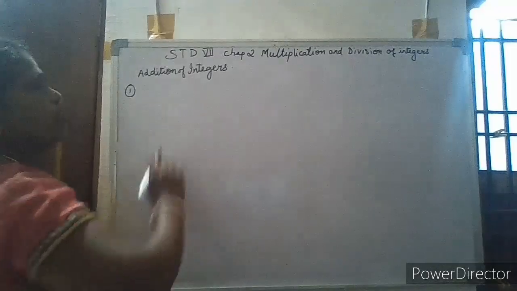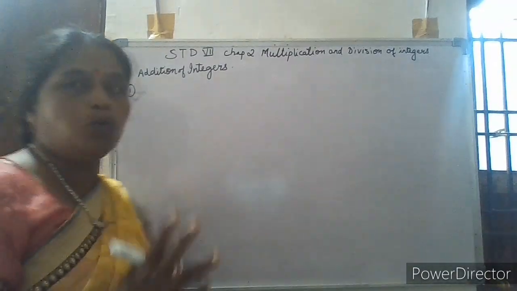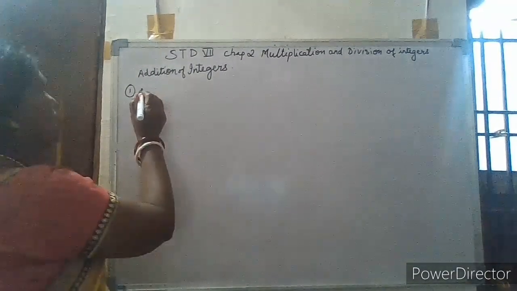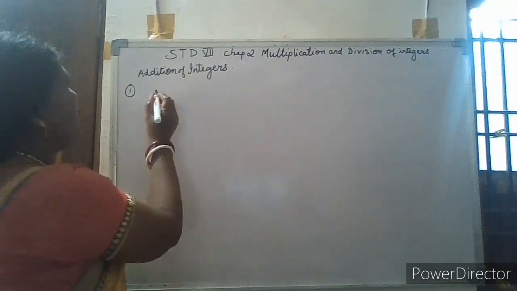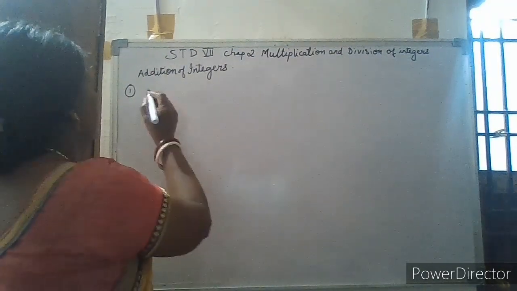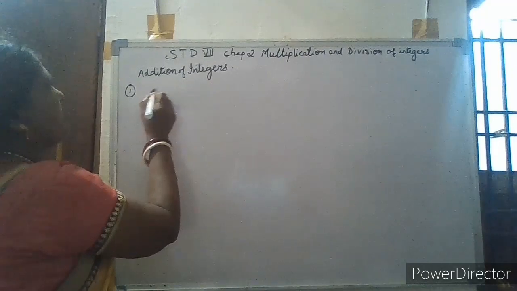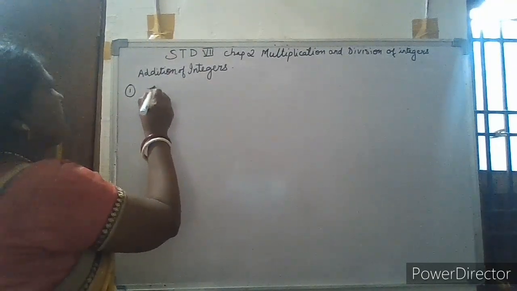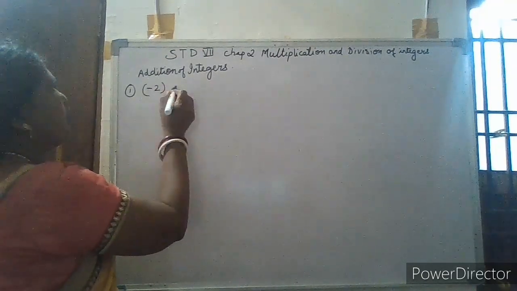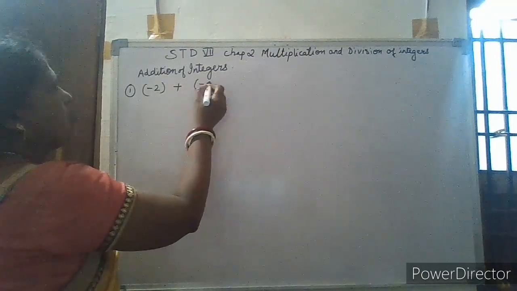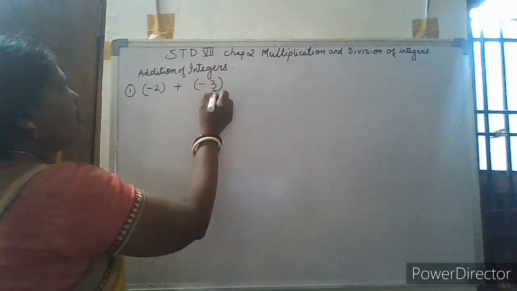So, addition of integers. You have got two rules of addition of integers only. Rules I am not going to write because orally I will repeat. Now, see here example. Suppose it is -2 plus -3.